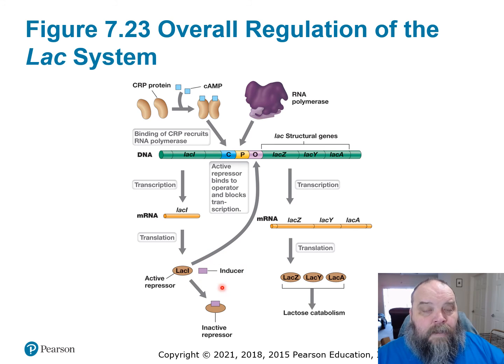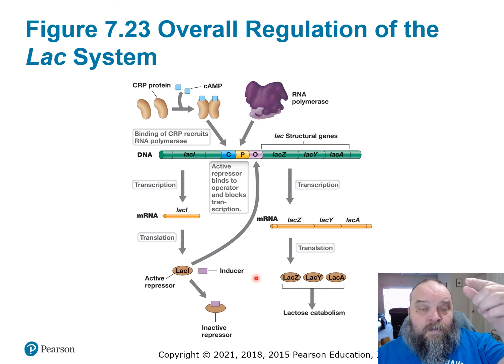This inducer for the Lac Operon happens to be lactose. So the presence of lactose in the cytoplasm, which means it has to be in the extracellular environment. Lactose binds Lac-L, causing it to fall off.